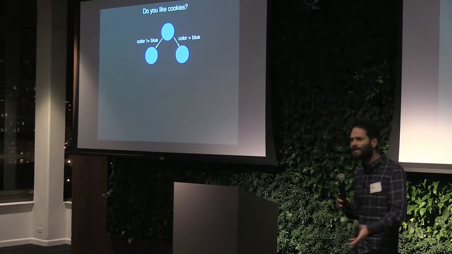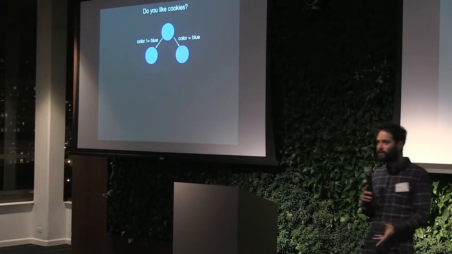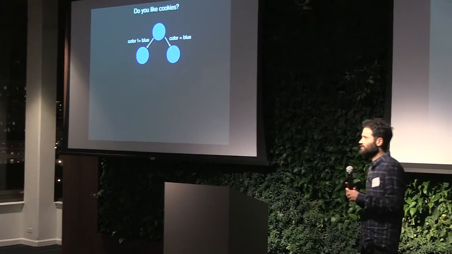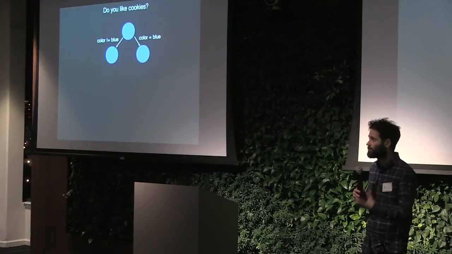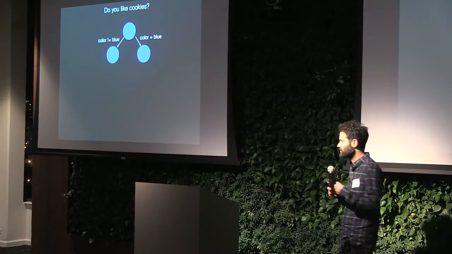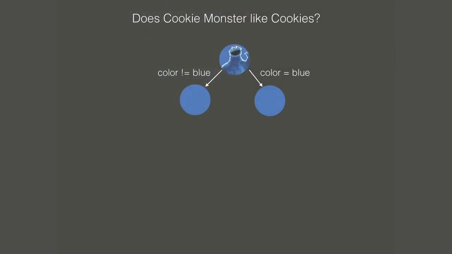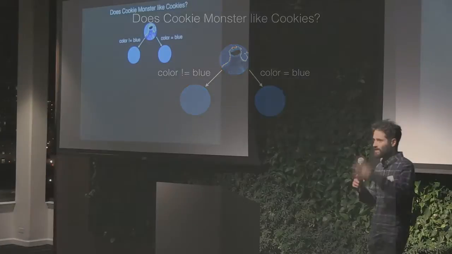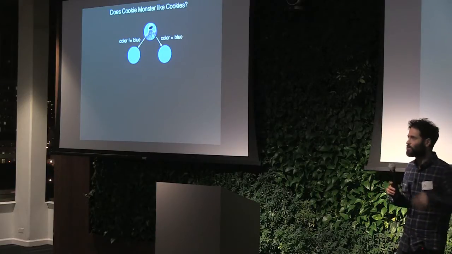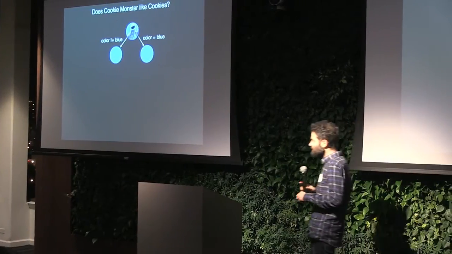I'm going to talk a little bit about how these models work when you evaluate them, but just to be clear, this talk is principally about how you build these models. Evaluating them is then kind of the next step. So does Cookie Monster like cookies? The way you evaluate this is you start at the root, and the root node represents the entire space of possibilities here. And then you ask a question.